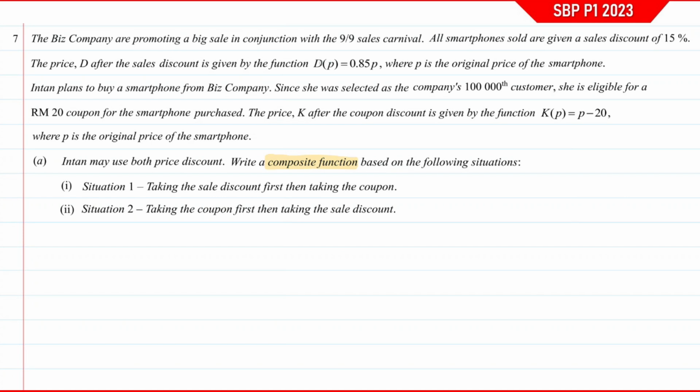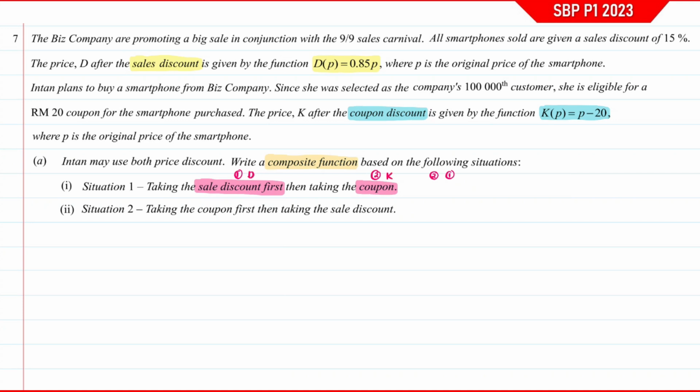So here we have two functions. One is function D, which represents the sale discount, and function K, which represents the coupon discount. For situation 1, the sale discount is the first function followed by the coupon discount. To write the composite function, the name will be the second function first, followed by the first one.